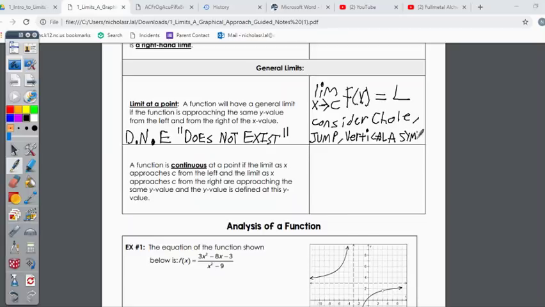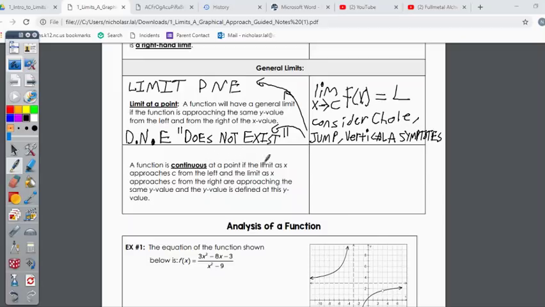The limit will not exist. So at a hole, a jump, and a vertical asymptote, the limit does not exist.